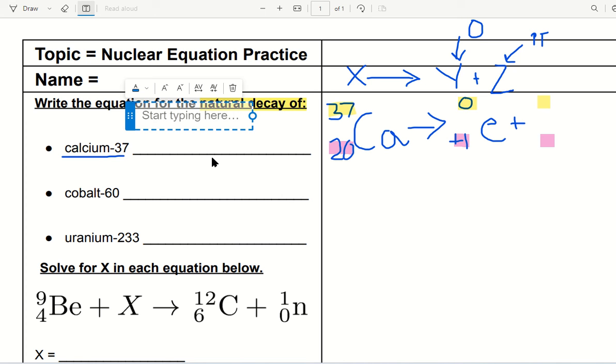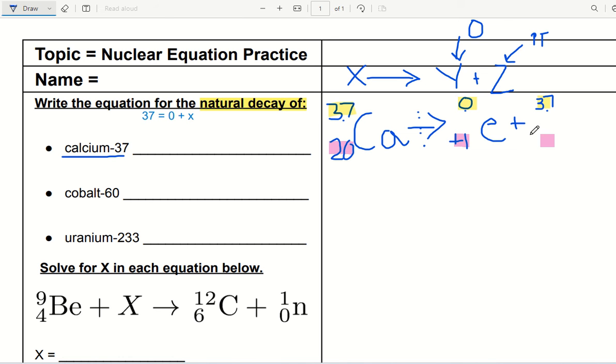So the top equation is going to be 37, for the arrow I'm going to write an equal sign, 0 plus, I don't know what it is, x. Okay, well, that should be relatively simple, right? I subtract 0 from both sides, and what is x? 37. And that should make sense because 37 equals 0 plus 37. Perfect. Because remember, this is kind of our divider. The two sides have to be equal.